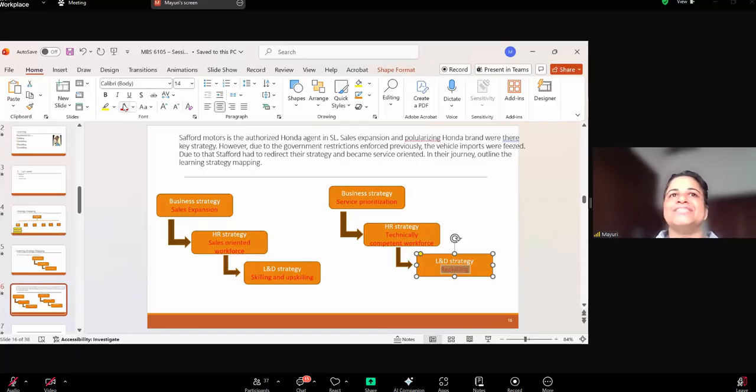There were no sales people doing the sales jobs at the display units or the sales demonstration or whatever. They have now been reskilled to service in the workshops, right? So their sales capabilities were unlearned and their technical capabilities were introduced. So reskilling was the learning strategy you want to use here, right?